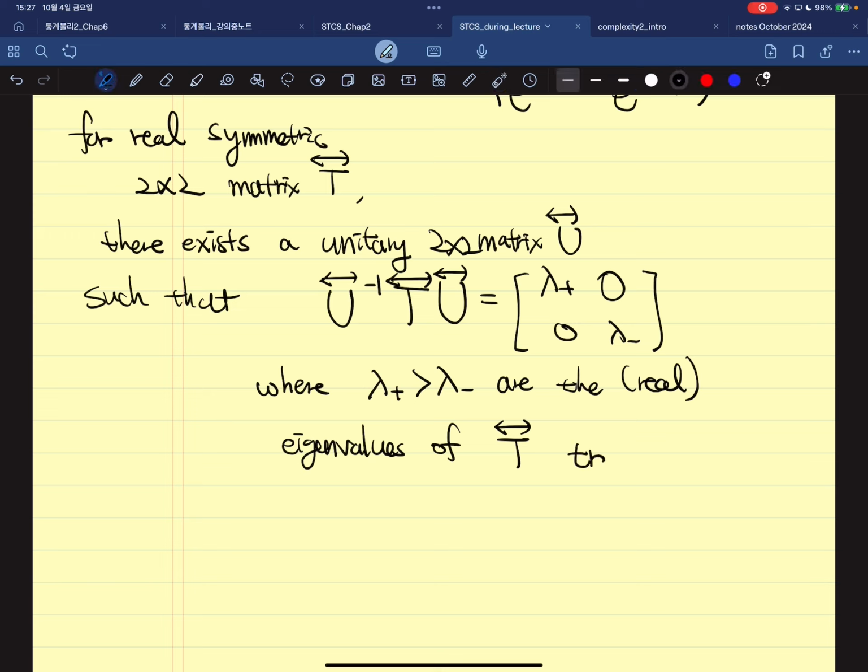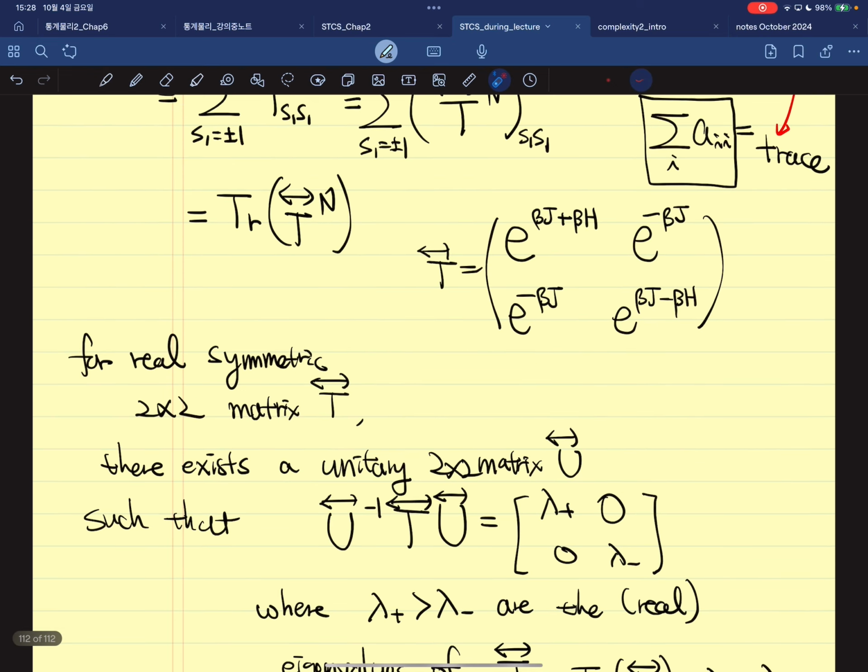There is a very famous known fact in linear algebra that the trace of T is the same as the sum of the eigenvalues. Instead of actually doing the product of these n times, we can just diagonalize this matrix.